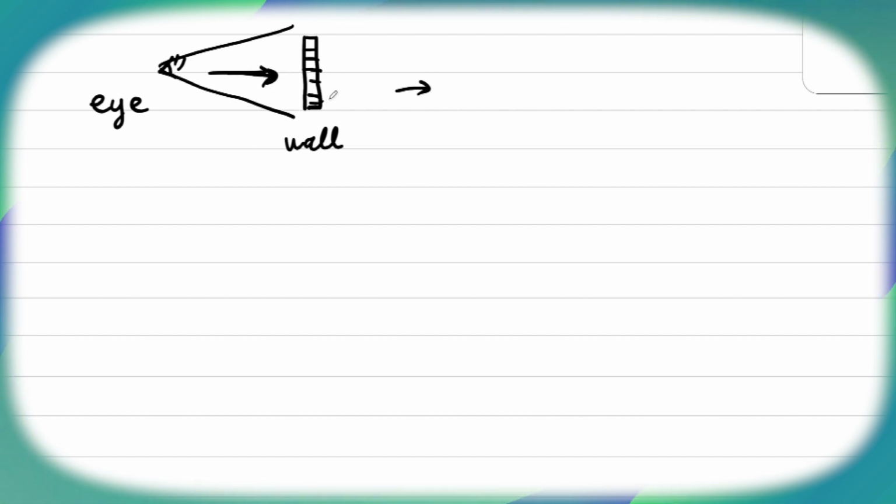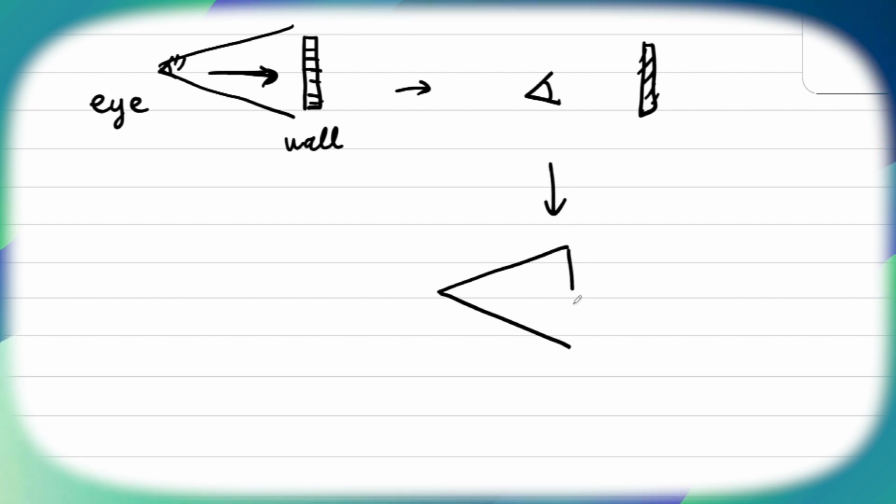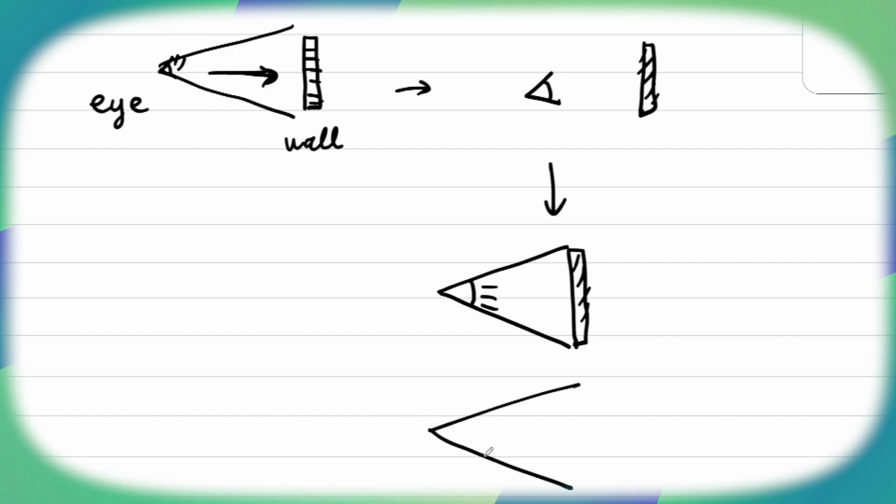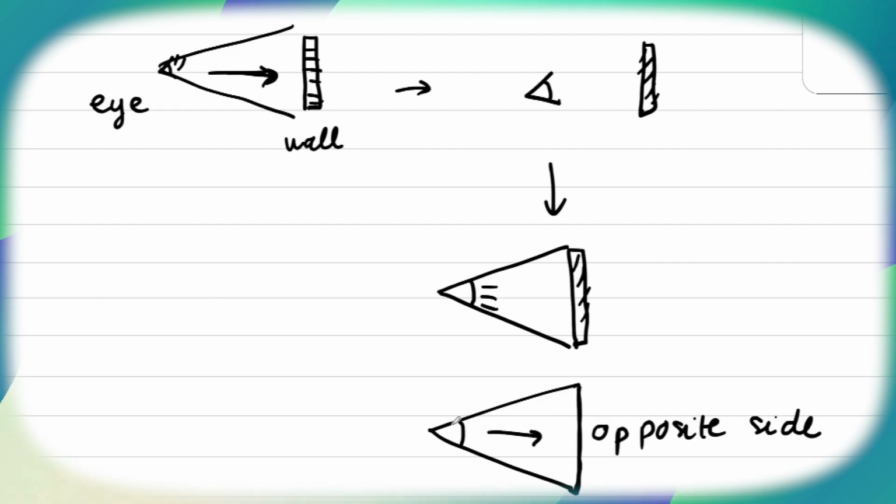To simplify this model, I will have the eye and the world. And one more time, to make it simpler, the eye will be here and the world will be here. So if I have an angle like this, the opposite side will appear in this position. So this side will be the opposite side of this angle.